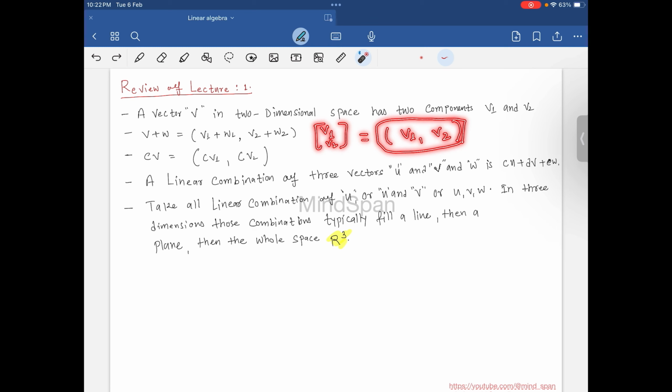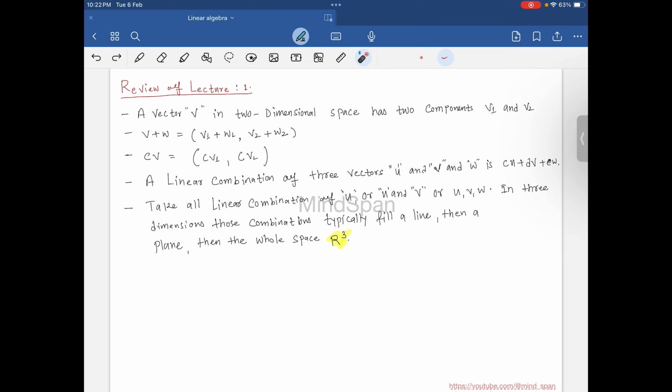This is just a different way of writing this column vector, right? So similarly I have written like this. Apart from this, what I am talking about right now is the two operations, that is vector addition and the vector multiplication with a scalar, and these two operations can be done component wise.